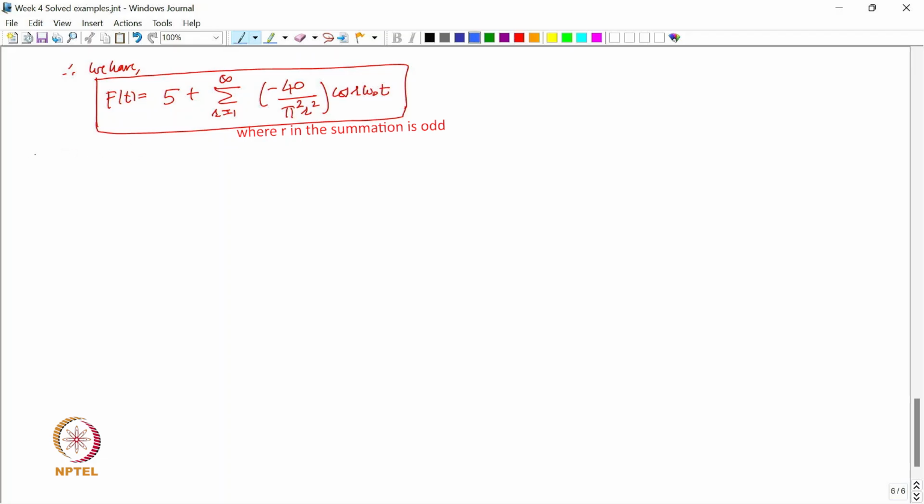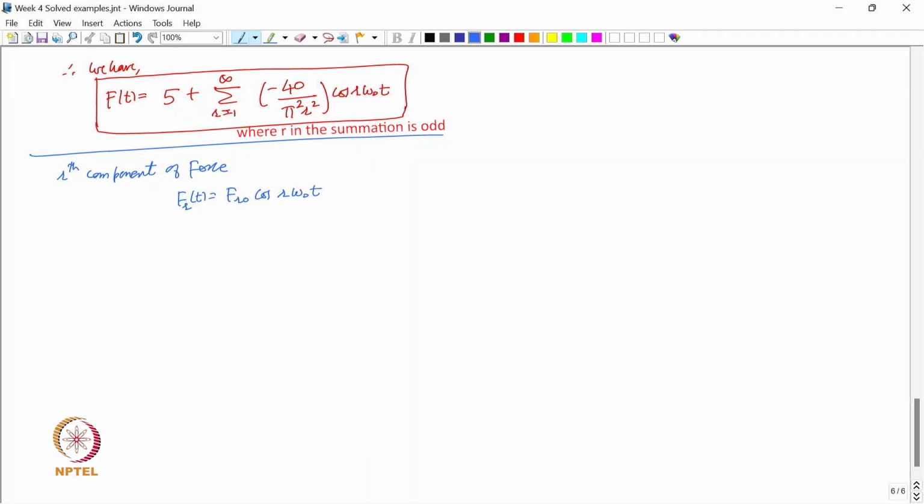Let us say the rth component of force, which I can call f r t, is given by f r 0 cos r omega naught t.